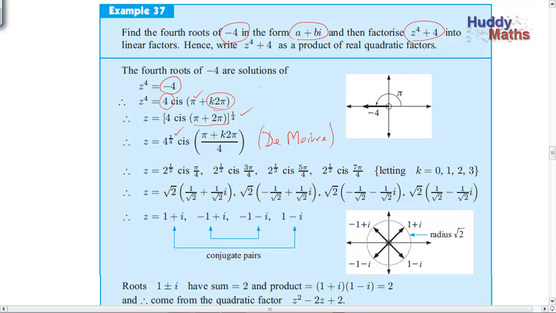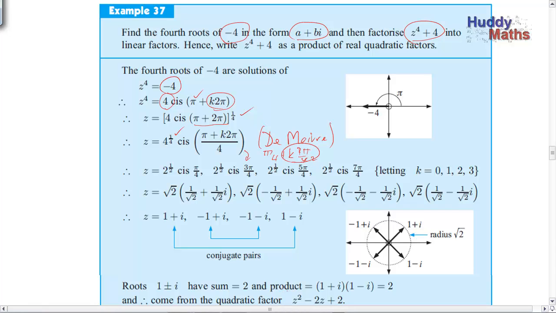Okay, so if you like, they've left this little step out here showing you how to get from there to there, but it's going to be pi on 4 plus k lots of 2 pi on 4, which is pi on 2. So you're going to be adding pi on 2's every time.